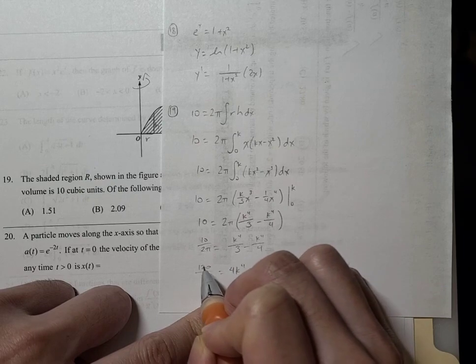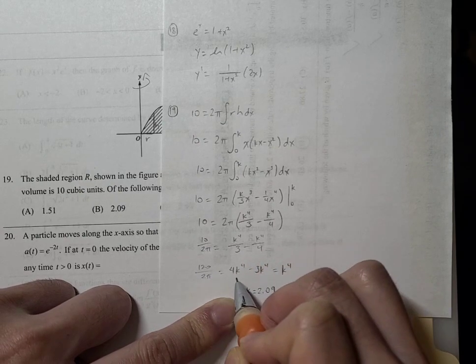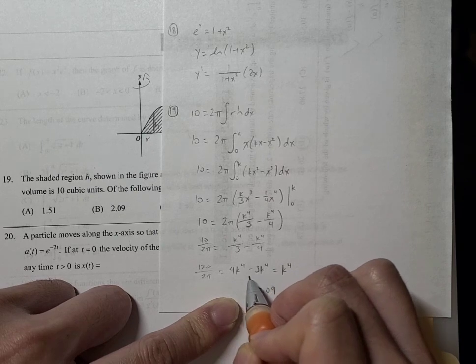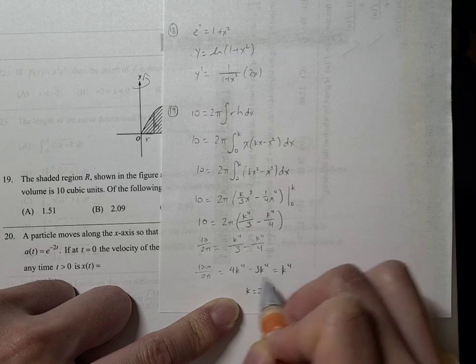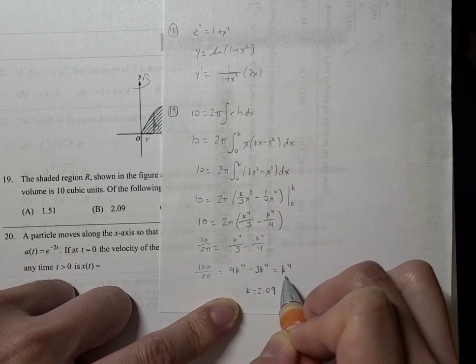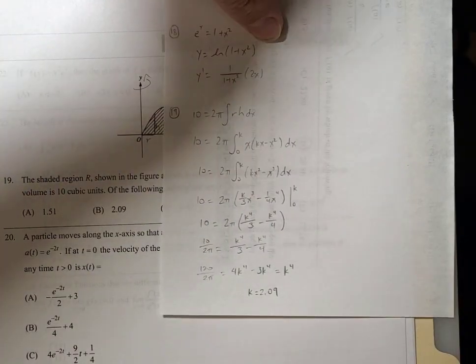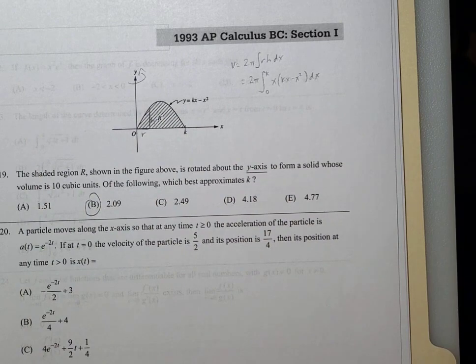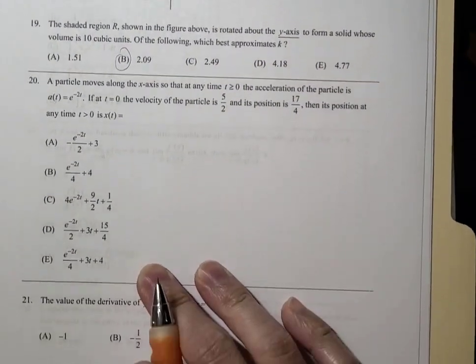So 12 times 10 is 120. 120 divided by 2 pi is 4k to the fourth minus 3k to the fourth, which is equal to k to the fourth. I just reduced these two terms to k to the fourth. Now we just plug this into the calculator. k is 2.09. That's this one. So the shell method was the way to solve this one.